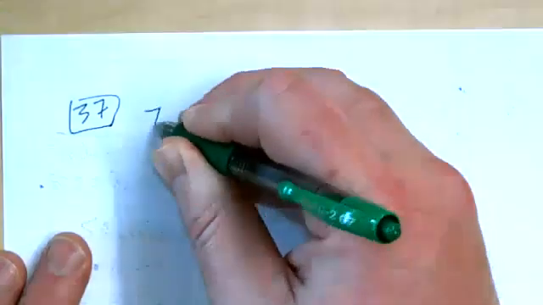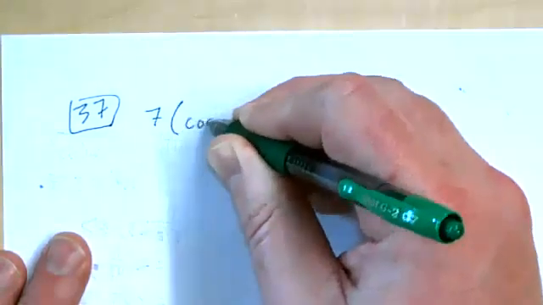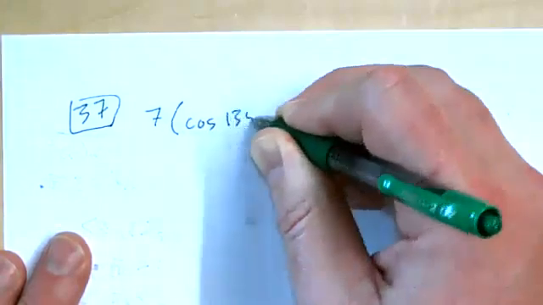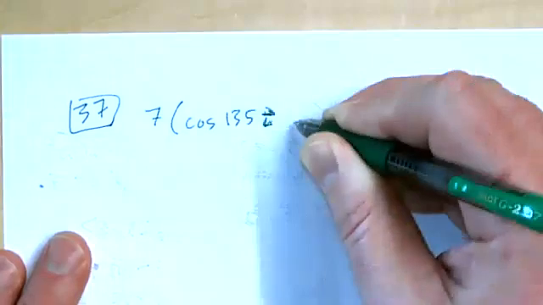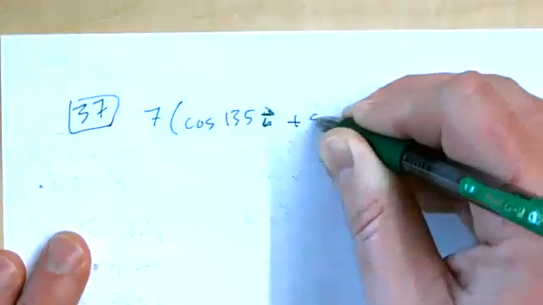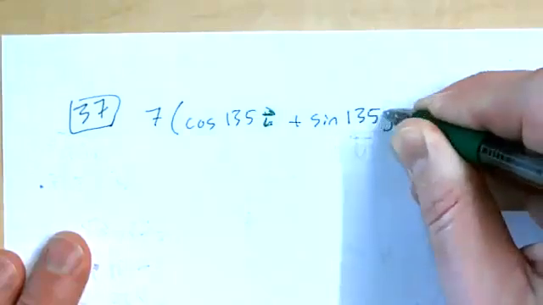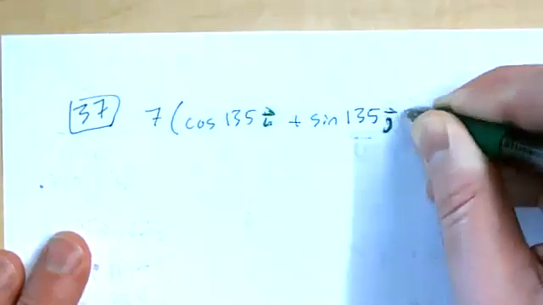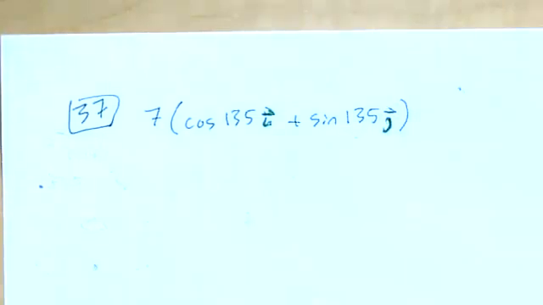This is 7 times cosine 135 i, that should be a vector i, plus sine. Oh, I'm so glad you asked about this one. And this is all in parentheses.